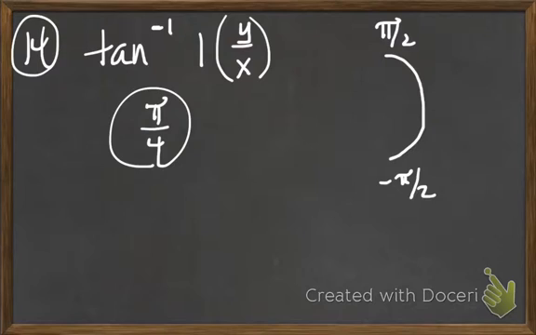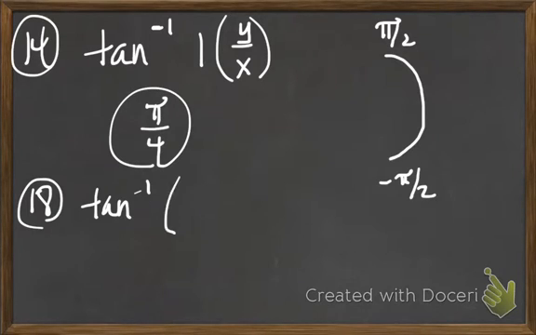All right, this one will be a little bit harder. This is another tangent. Number 18, inverse tan. So that means what angle has a y divided by its x of negative square root of 3 over 3?